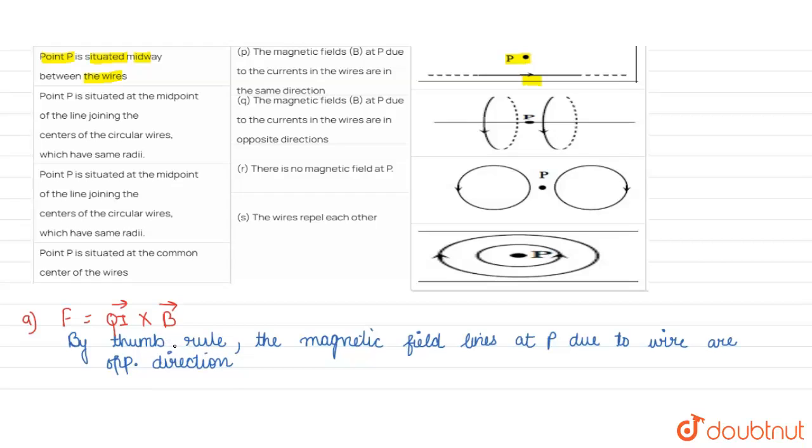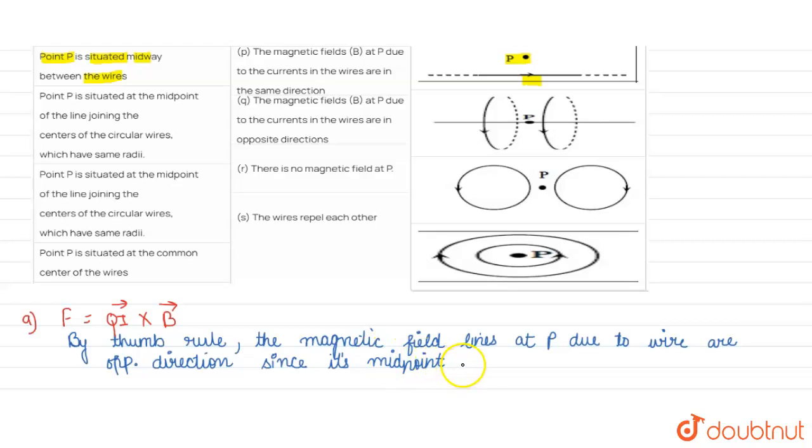And since it's the midpoint, as we know the point P is placed between the wires, they are equal and opposite by symmetry, hence the resultant field is 0.